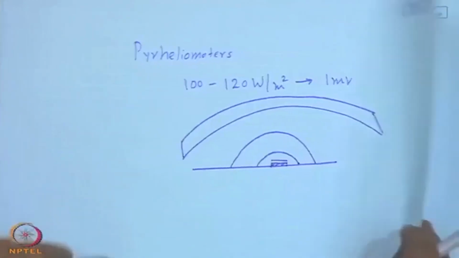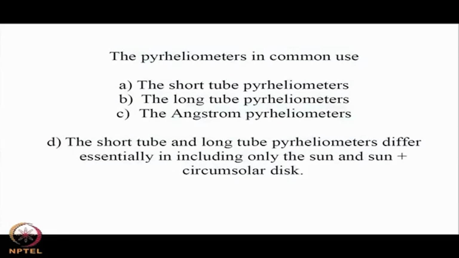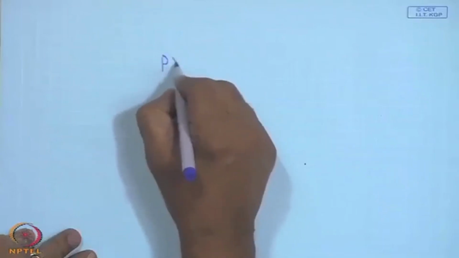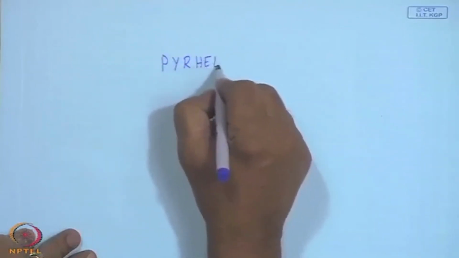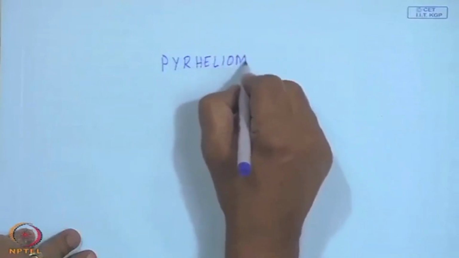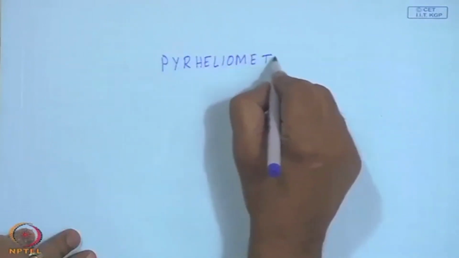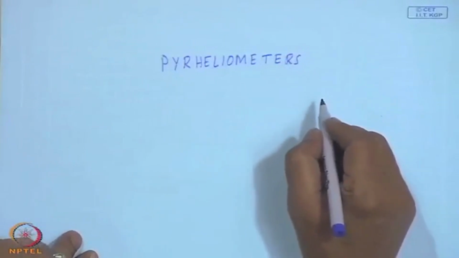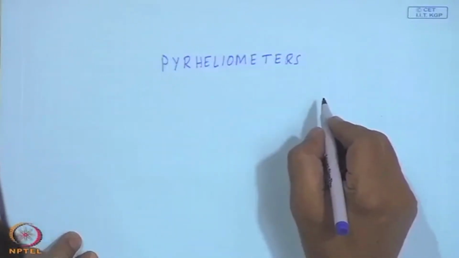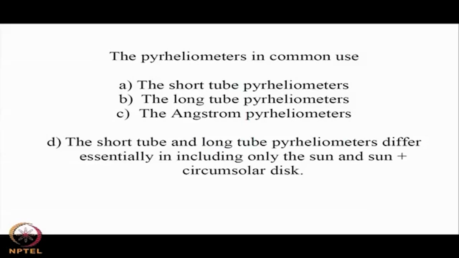On the contrary, pyrheliometers are of basically three types: the short tube pyrheliometer, the long tube pyrheliometer, and the Angstrom pyrheliometer.